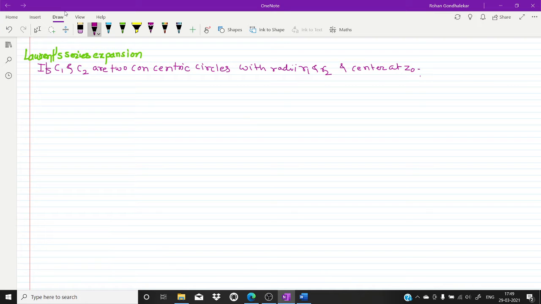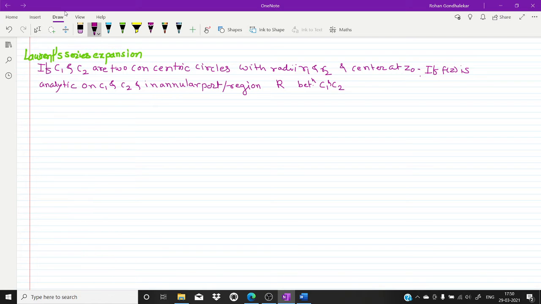If f of z is analytic on C1 and C2 and in the annular part, that's very important, and in the annular region, the most correct word is annular region, between the two circles C1 and C2.